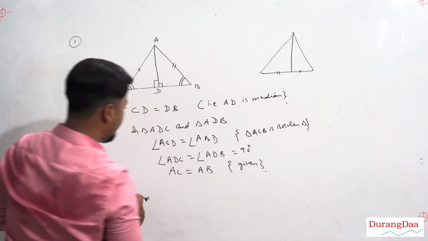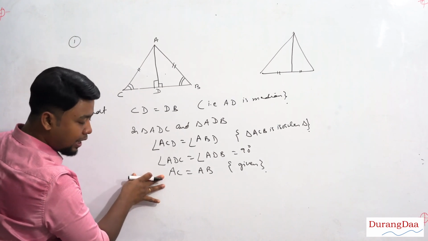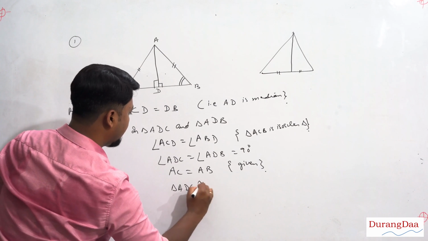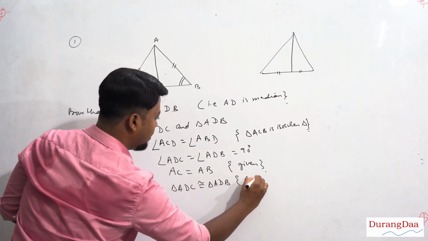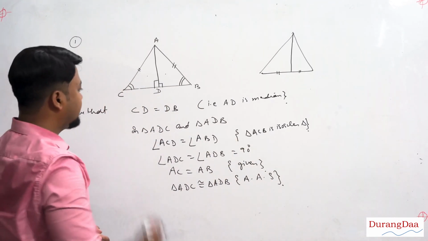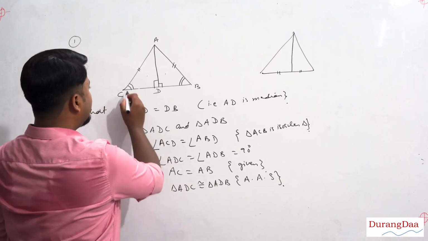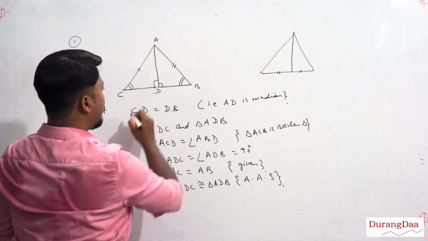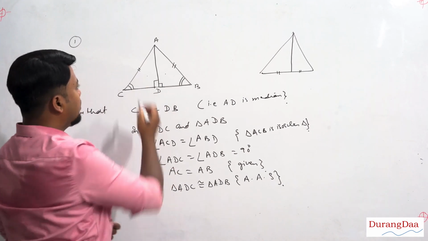Now look carefully. Angle, side. We have proved two angles equal and one side equal. That means triangle ADC is congruent to triangle ADB by angle, side. After this, you will use CPCTC to prove CD equals DB, because as you can see, CD and DB are the corresponding parts of two congruent triangles.